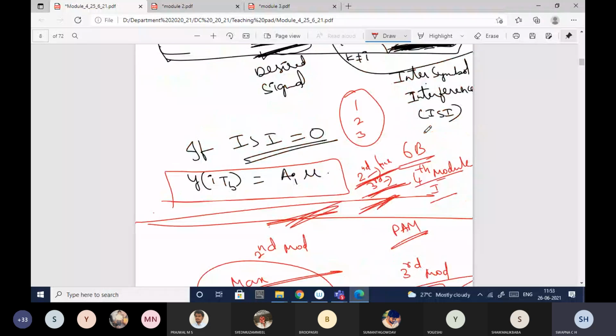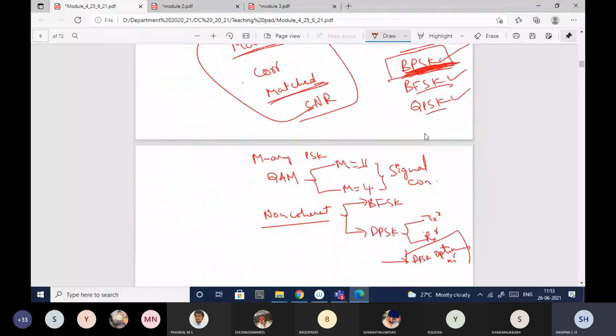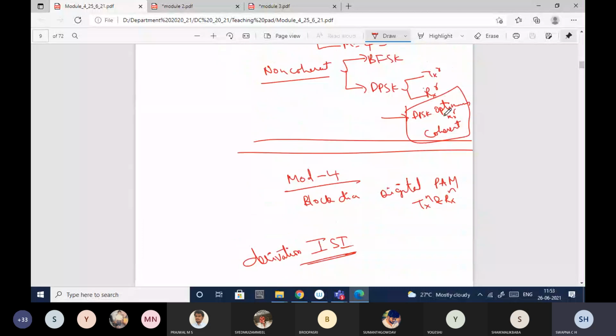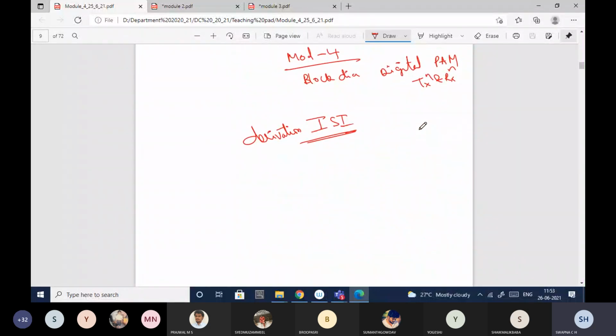That's it for the day, and all the best for your exam. Don't copy, try to write on your own. And one more thing, whenever you're writing, make sure that you check which scheme question paper you're writing. For 6th B, write the 2018 scheme, which will be specified at the top of the question paper. For the 2015 scheme, you write the 2015 scheme only.